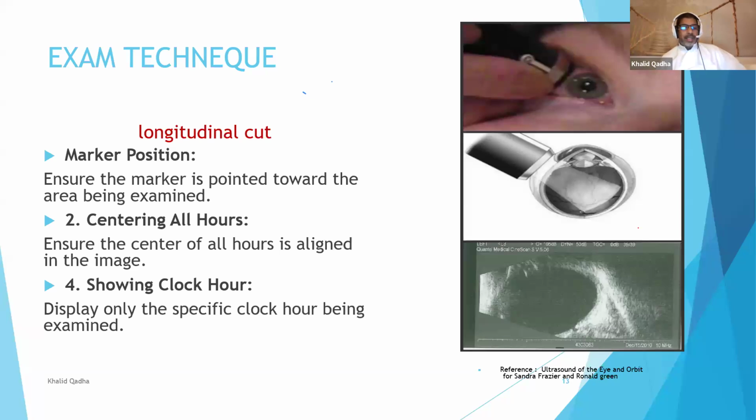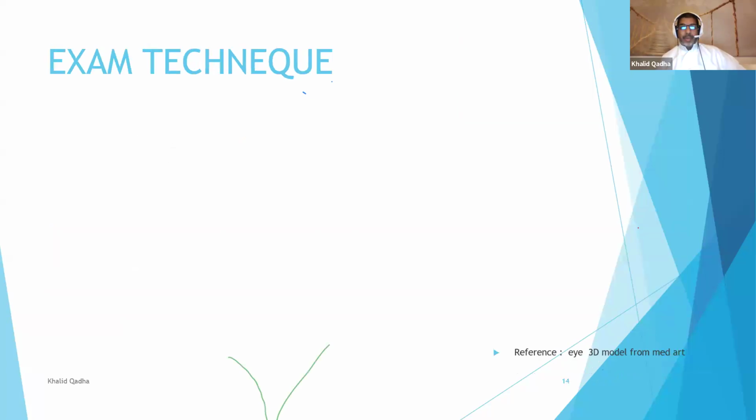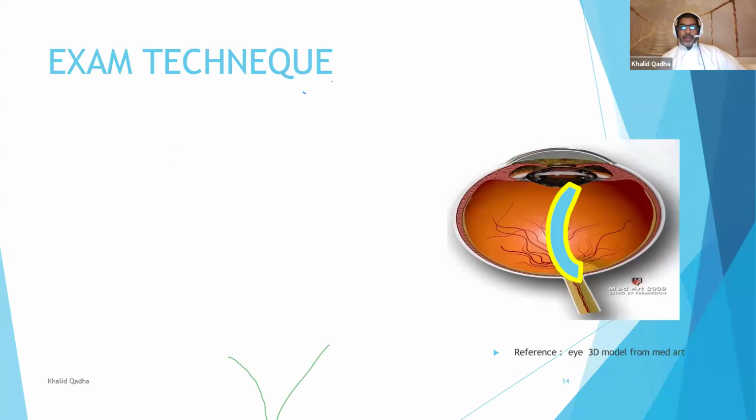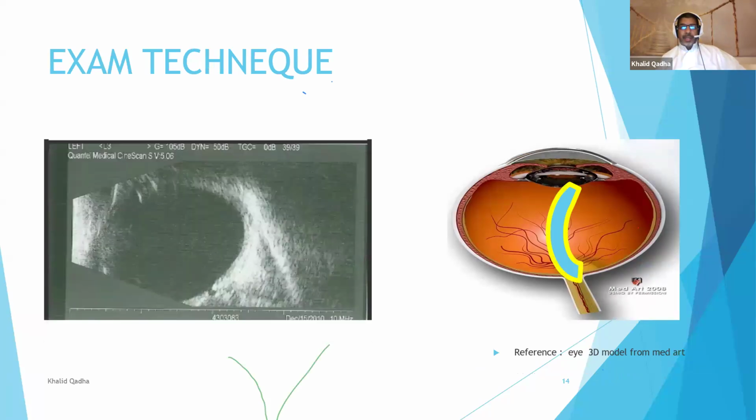And it's the same: once you want to see the nasal side or superior, the probe will always be on the opposite side. Ensure that you display the specific clock hour to begin the exam. So this is the cut we'll get, as in the picture here: optic nerve down, this is the equator part, and this is the anterior part.